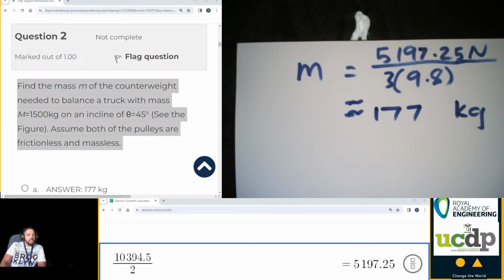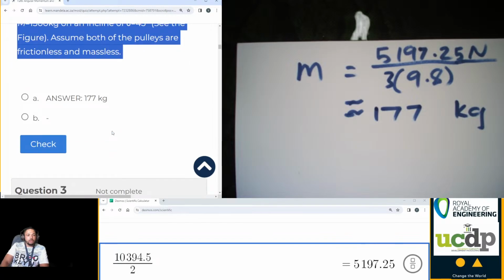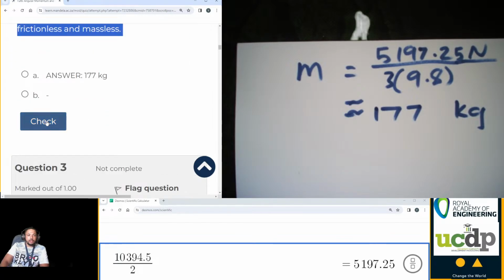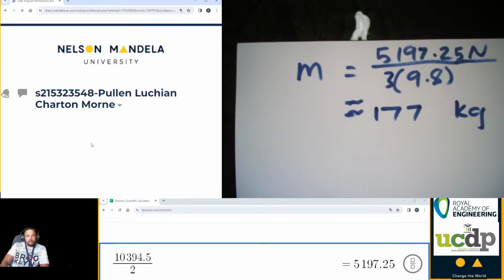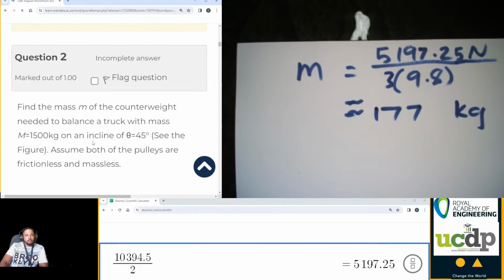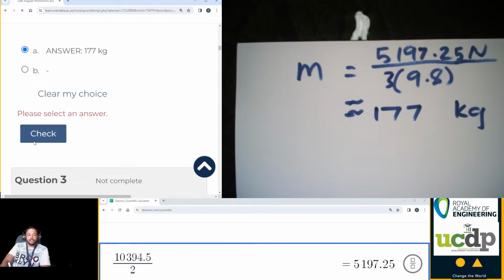Accurately, it's 176, but it's around 177 if you round it off to the nearest whole number. So that is how we do that question. It should be around 177. Let's click it and check if it's correct.